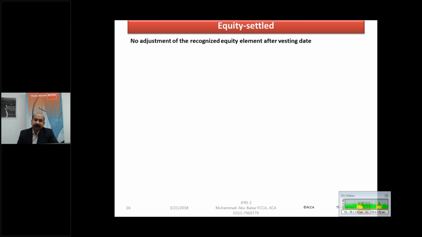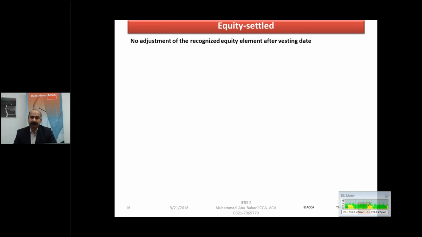For example, the entity shall not subsequently reverse the amount recognized for services received from an employee if the vested equity instruments are later forfeited, or in the case of share options, the options are not exercised. However, this requirement does not preclude the entity from recognizing a transfer within equity, that is a transfer from one component of equity to another.